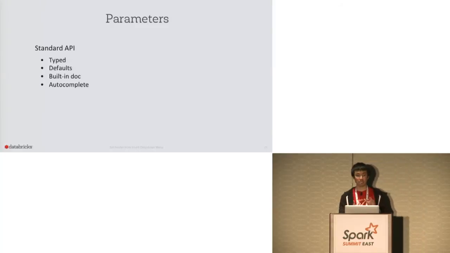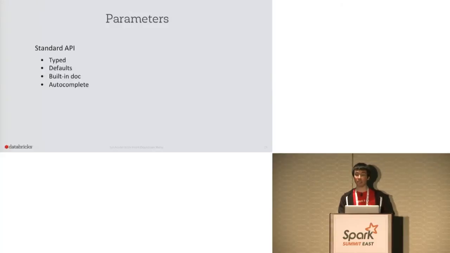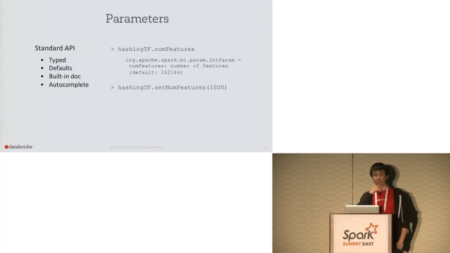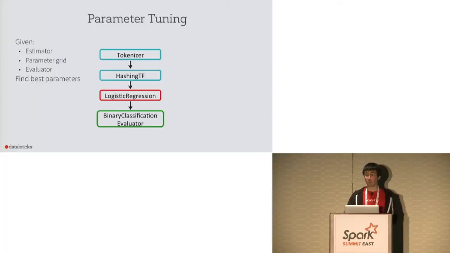Parameters are typed, they have defaults, built-in documentation, autocomplete if you're in a development environment. For example, if you hit hashingtf.numFeatures, you get some info about it. It's an integer parameter, means the number of features, has a default value. You can set parameters in a reasonable way, and if you give it the wrong type or value, then it complains, and so on.